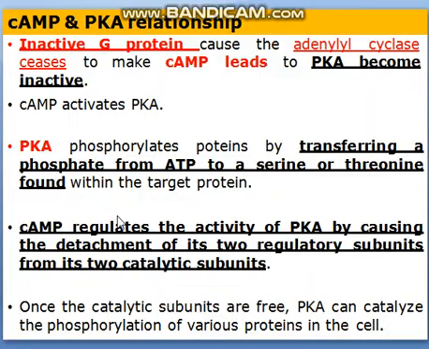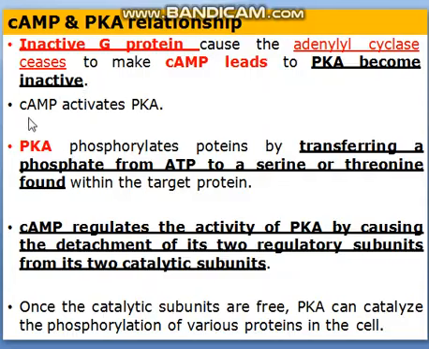Okay, so we were talking about the relationship between cyclic AMP and protein kinase A. The relationship is very strange. If adenylyl cyclase is not going to make the cyclic AMP, then PKA will become inactive, right?